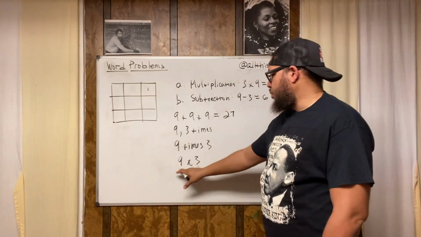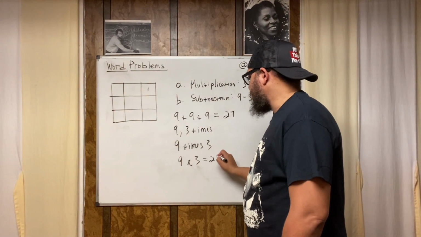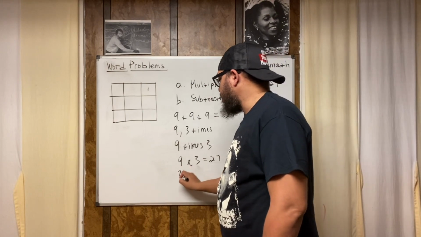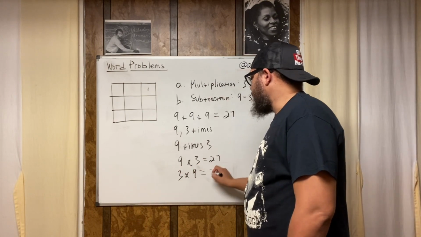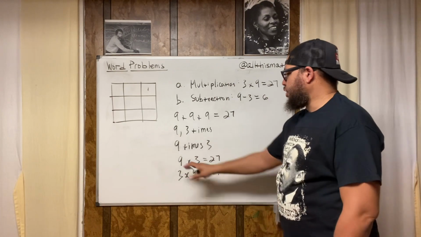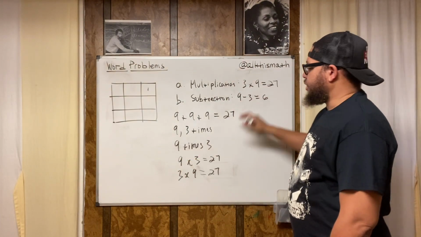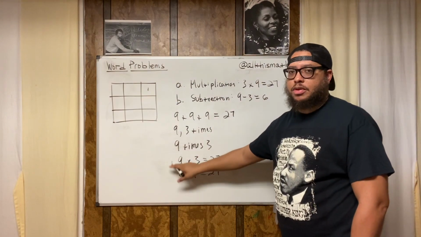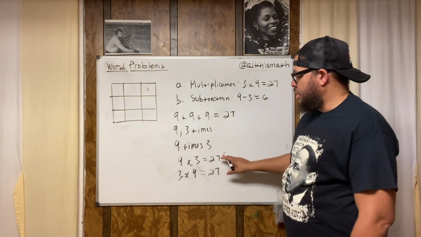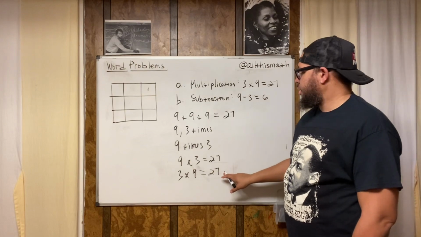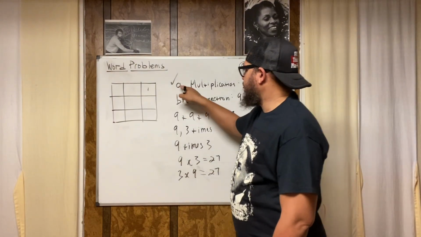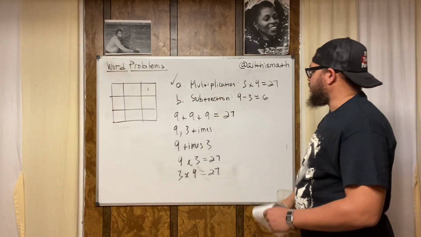So if I know that 9 times 3 is 27, I also know that 3 times 9 is 27. So if you get 9 times 3, but this says 3 times 9, just know that this and this are equivalent because they give you the same product. So the answer is this. Choice A, multiplication, 3 times 9 equals 27.